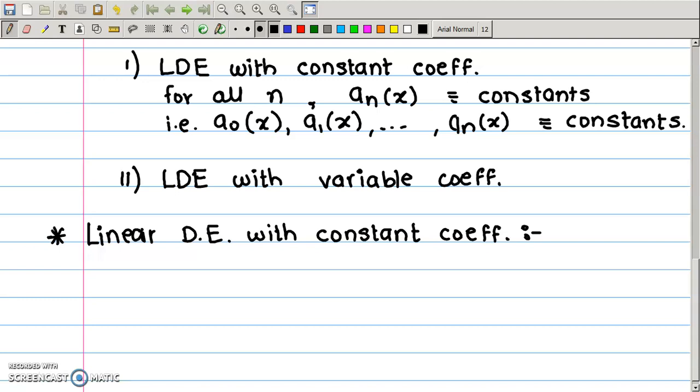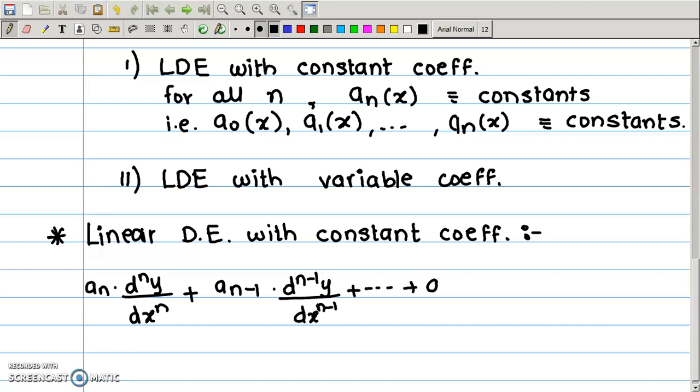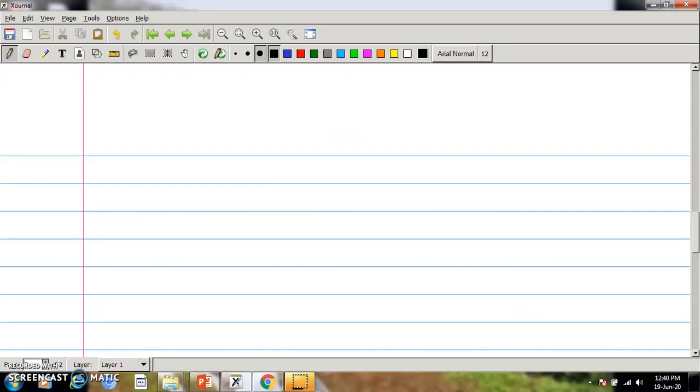So we can identify the general form, and the general form is a n nth order derivative of y with respect to x plus a n minus 1 into the n minus 1th derivative of y with respect to x up to a1 into the derivative of y with respect to x plus a0 y equal to f of x. Now we denote this equation by equation number 2. So this is the general representation of linear differential equation with constant coefficients.